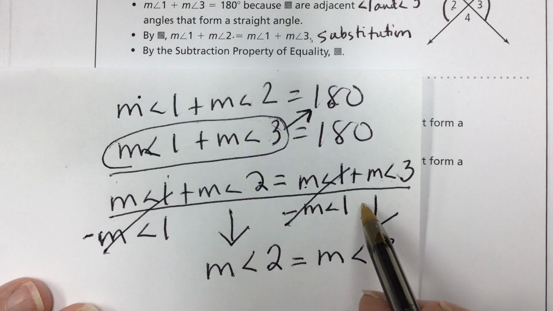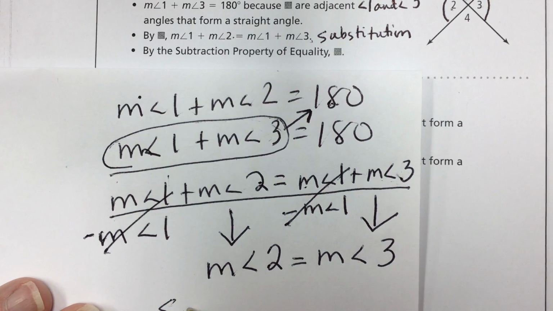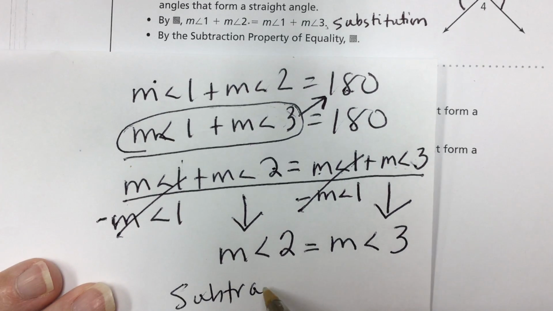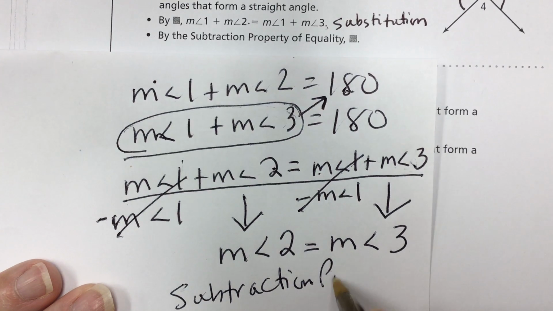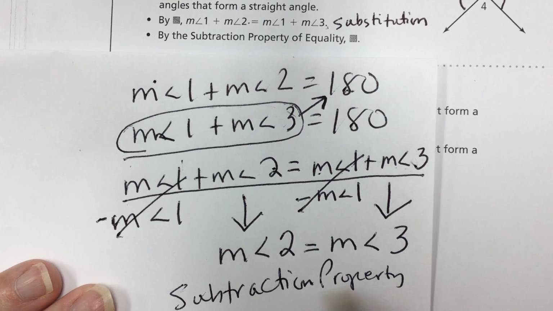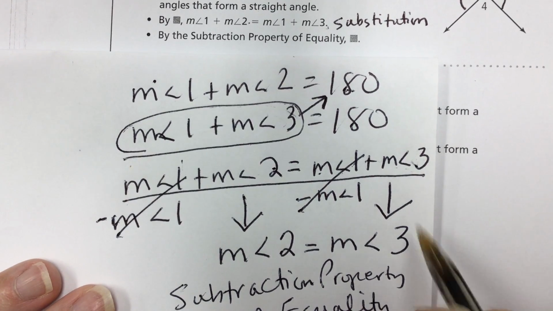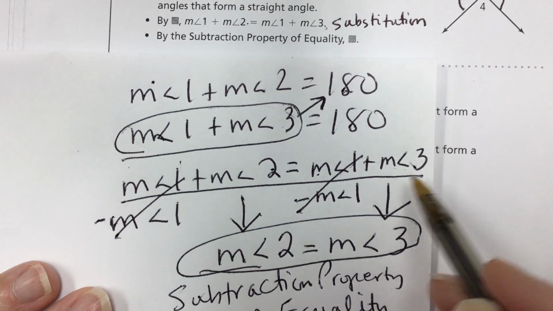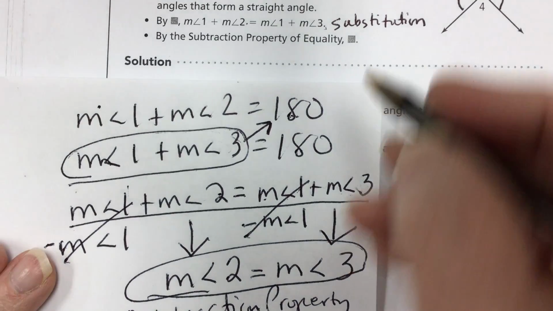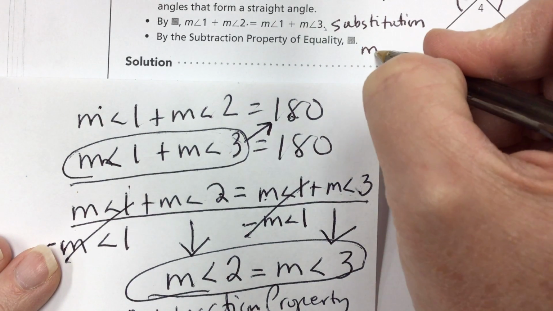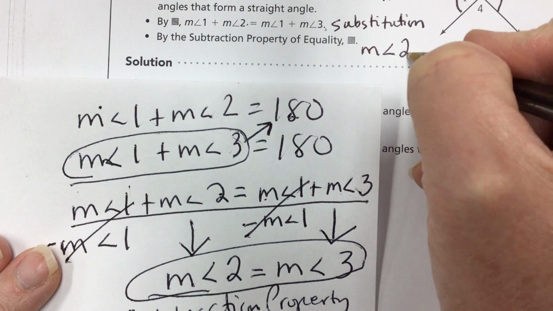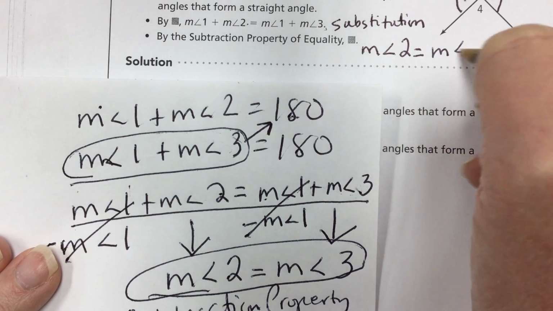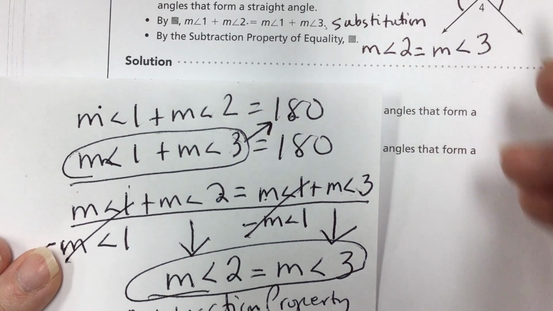What allowed me to perform this operation was the subtraction property of equality. So by the subtraction property of equality, this would be your last statement. The measure of angle 2 is equal to the measure of angle 3.